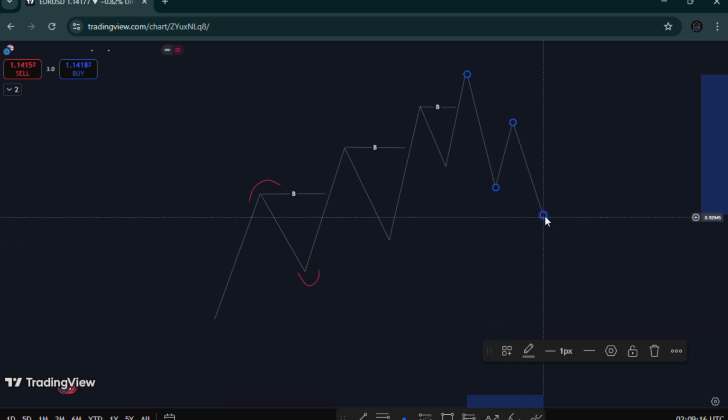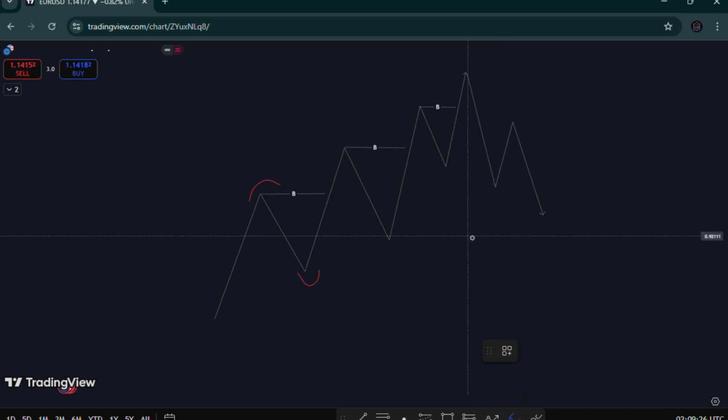Now, this is literally a lower low because this low here is lower compared to this low right here. So meaning we have higher low, higher high, lower low shift in the market structure.